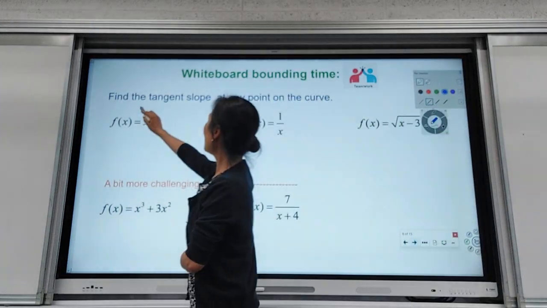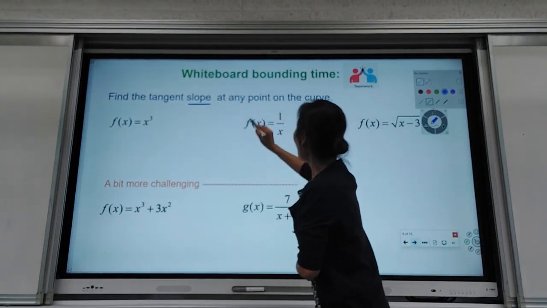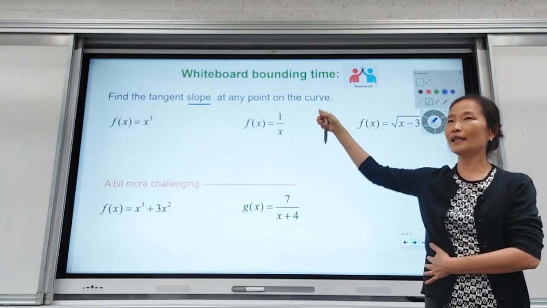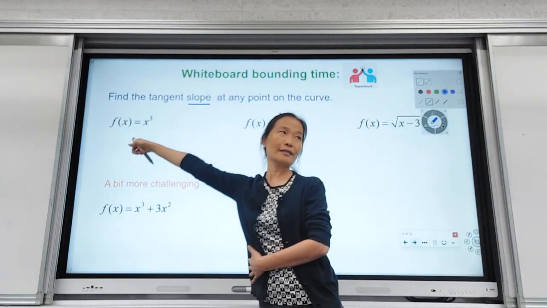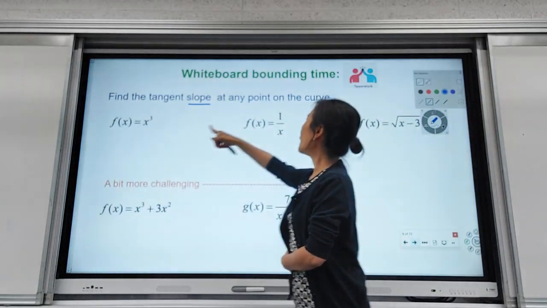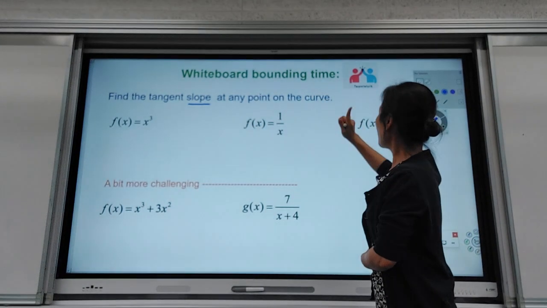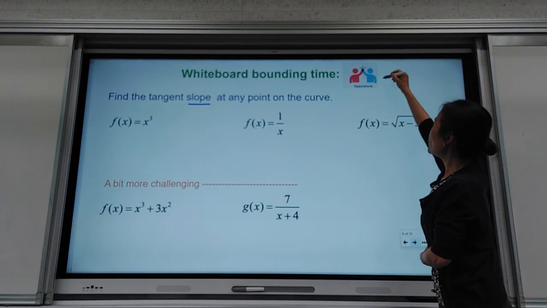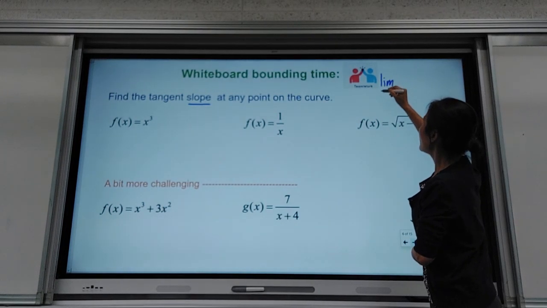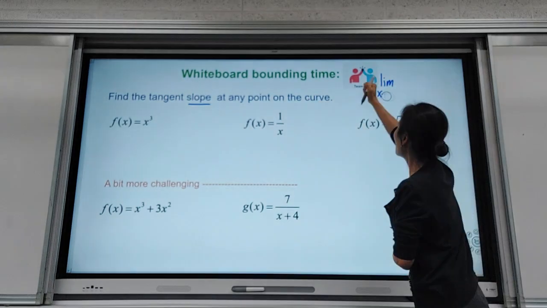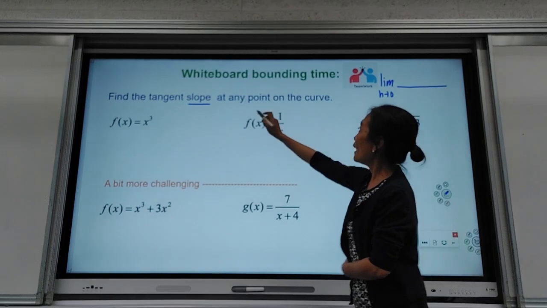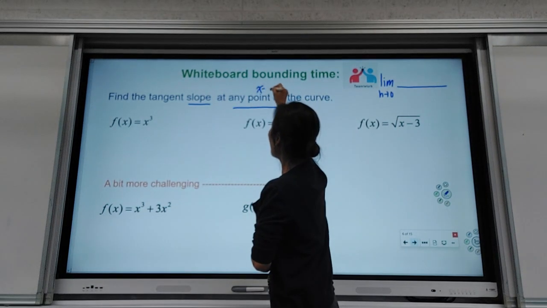So find the tangent slope at any point on the curve. What does that mean? I can keep it in terms of x or in terms of a. So remember our difference quotient? You're going to use this limit when h approaches 0 of, let's say any point is x equals a.